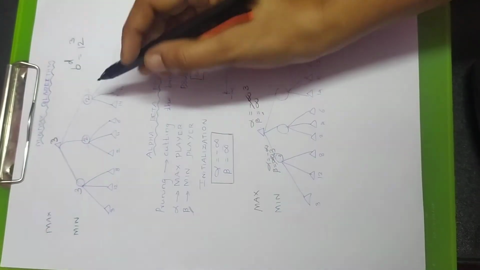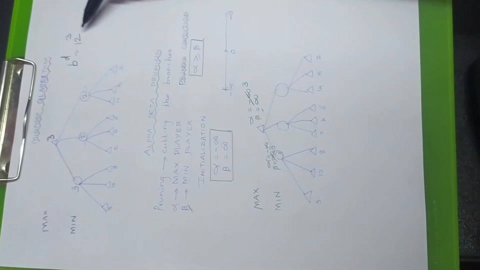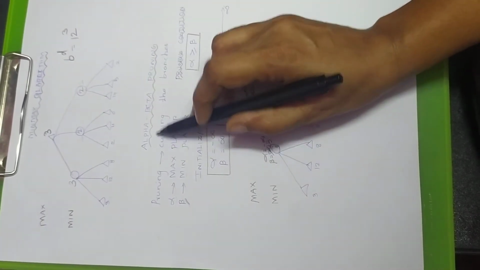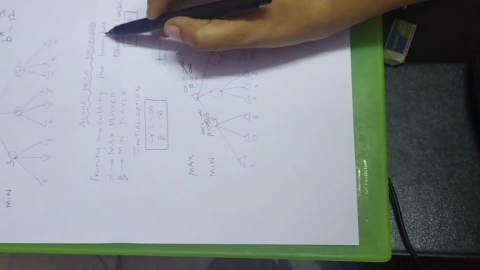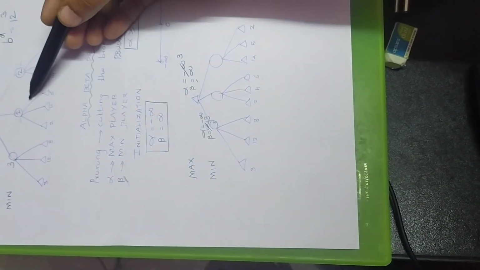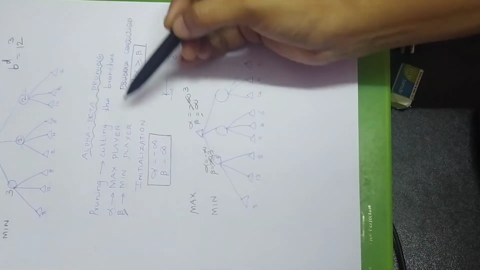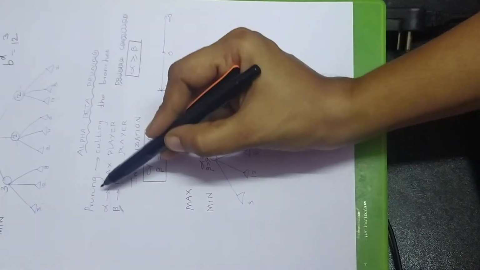In order to optimize the min-max algorithm, we need to minimize this searching time. That is performed by alpha-beta pruning. Pruning means cutting the branches which are not essential or not needed, which will not produce an output. Such branches are identified and removed. That is called pruning.